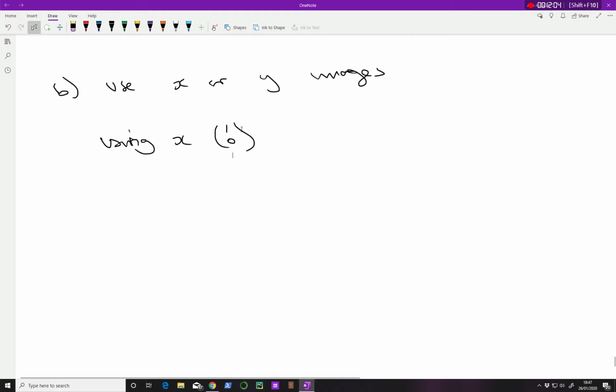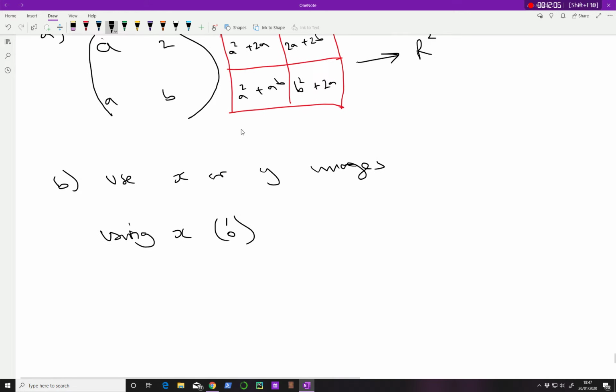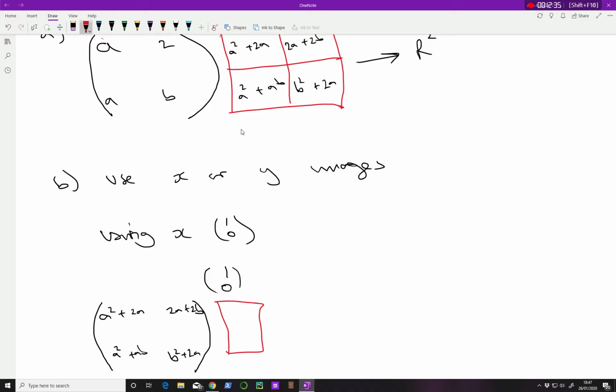So I can write 1, 0 multiplied by the matrix a squared plus 2a, then 2a plus 2b, b squared plus 2a, a squared plus ab. Down here, I'm going to get 15, 0.